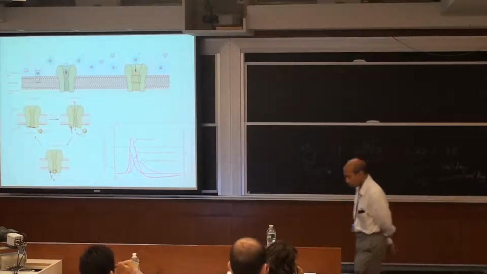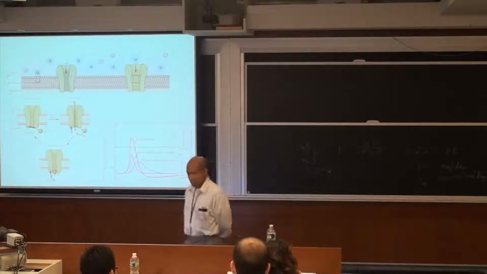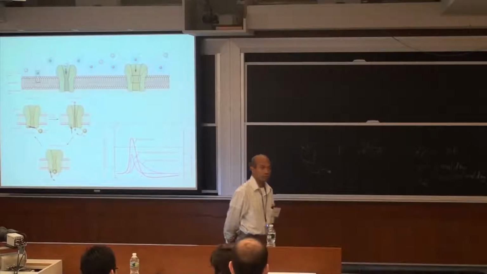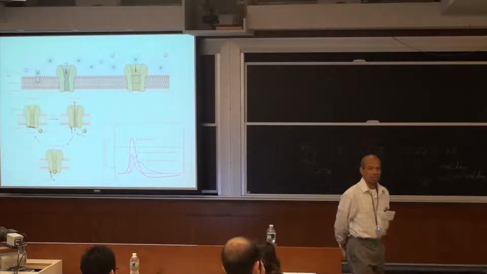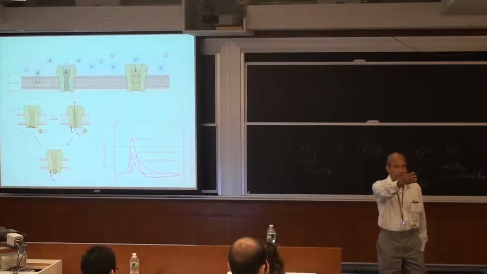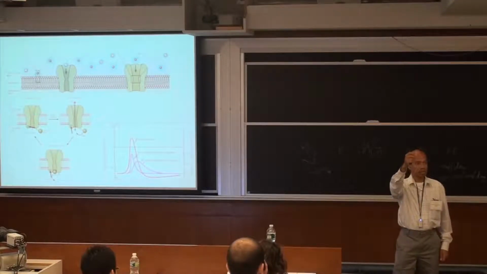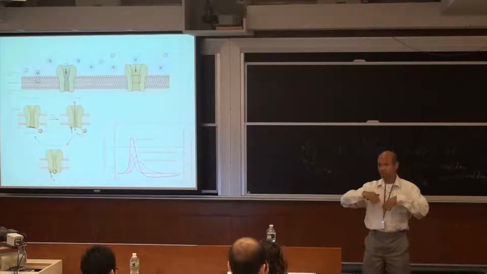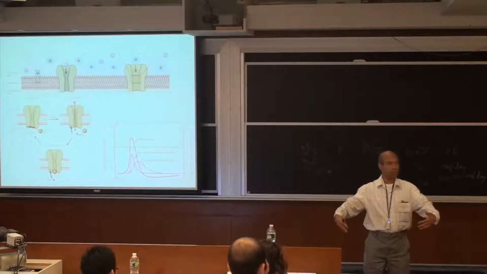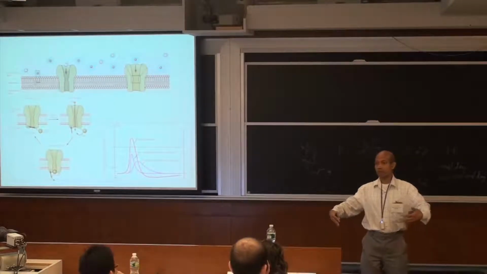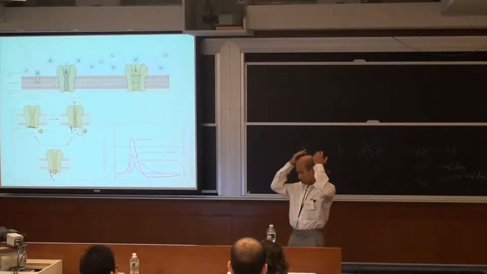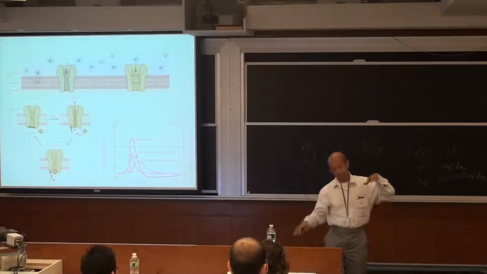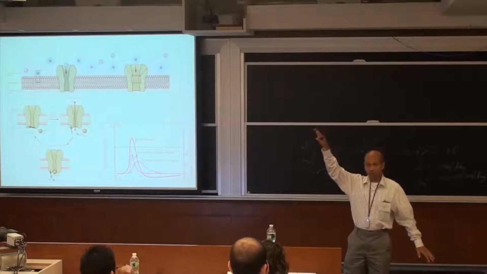When will it stop? It's balanced by the electrical field, right? If more and more sodium gets in, then the inside becomes more positive than negative. Eventually the inside voltage goes up compared to the outside, so the electric field changes its gradient.